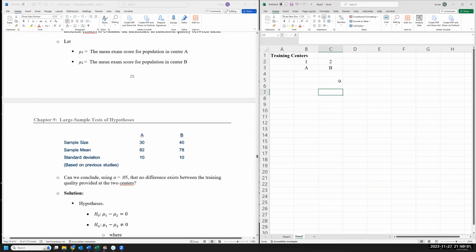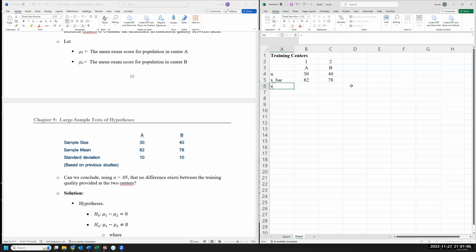Okay, and then they got some samples, and here's the information from the samples. Some sample summary statistics. The sample size is 30 from A and 40 from B. And the sample mean, X bar, is 82% and 78%.